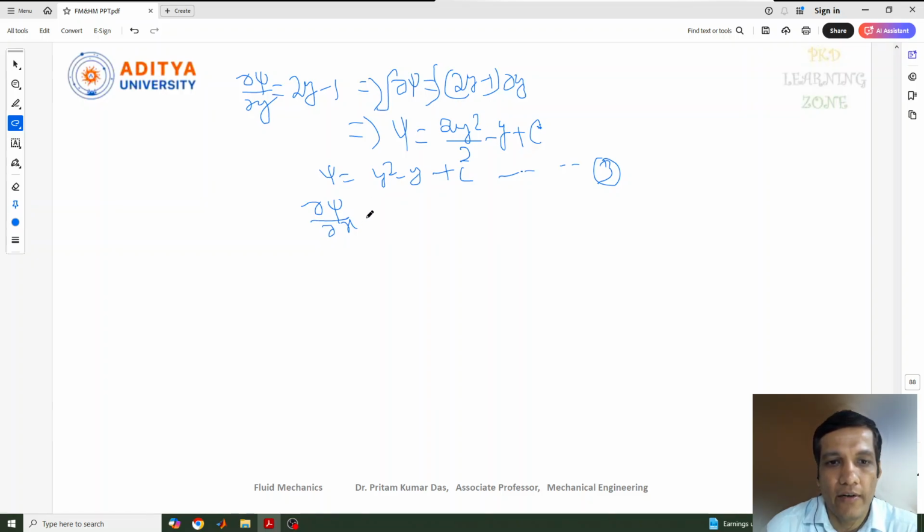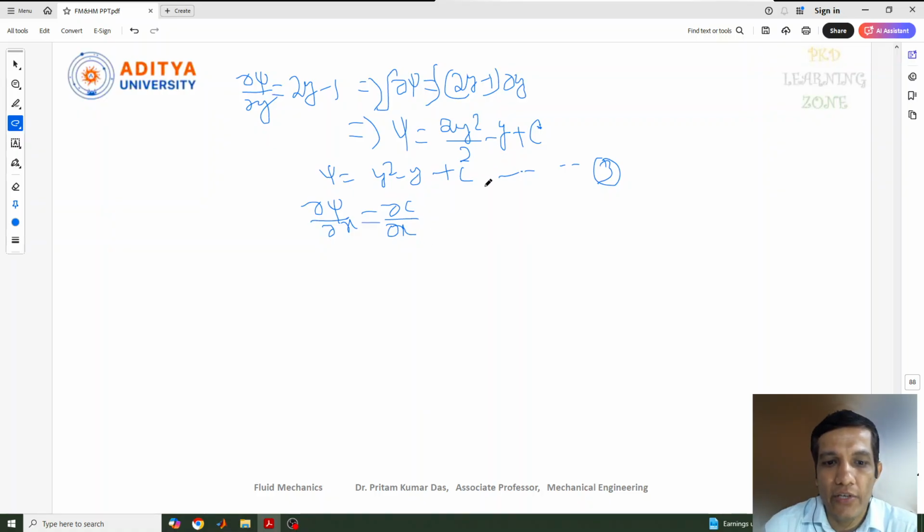Differentiating the y square and y terms will not be possible, so those terms will be cancelled, and the constant c we differentiate with respect to x. So now del psi by del x equals del c by del x.